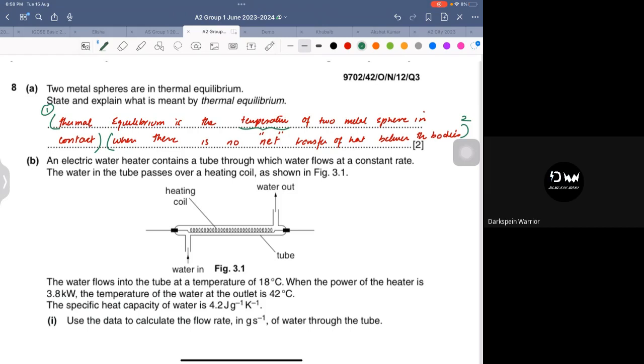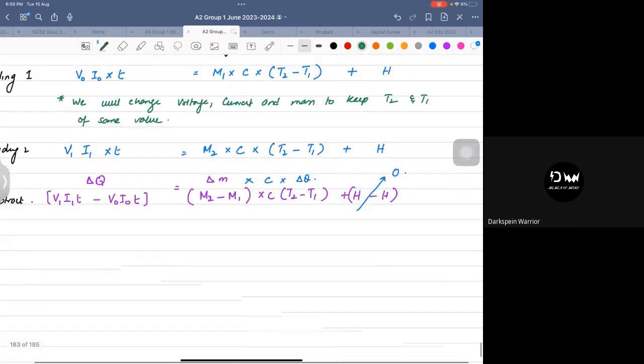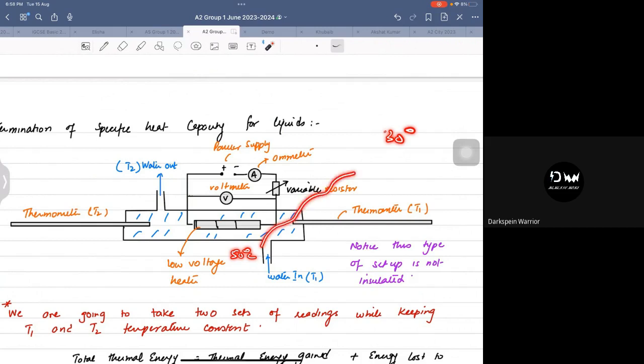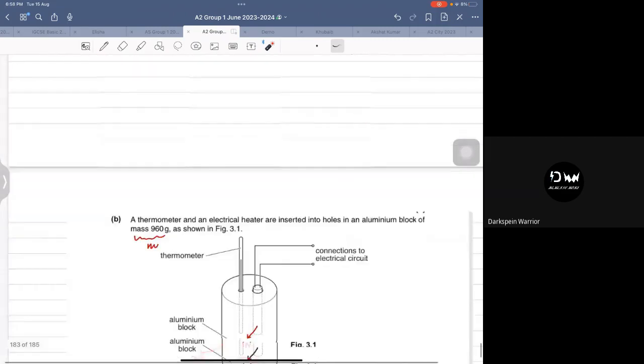Like I said in the previous one, if there's a change in temperature, like this is 50 degrees, this is 30 degrees outside, so temperature basically causes heat to go from higher to lower. If this was 50 and this was also 50, then there will be no net flow. Do you get my point? Yes. That's fine.